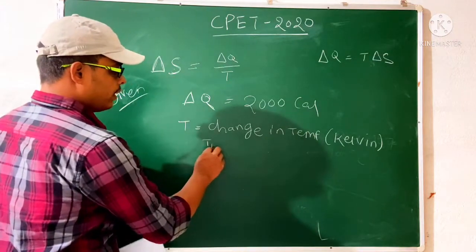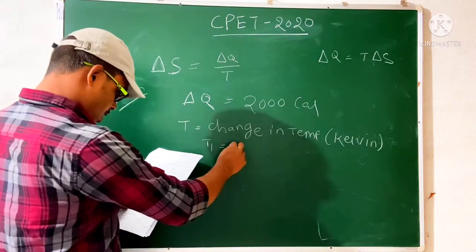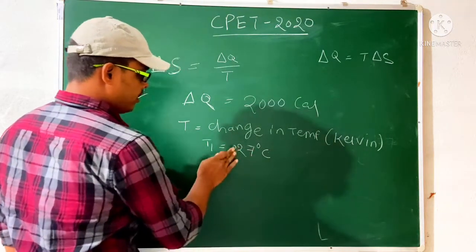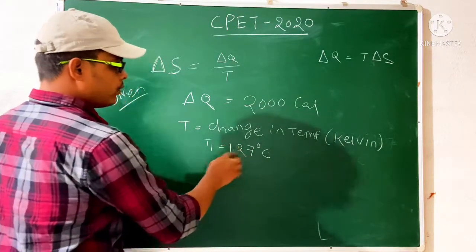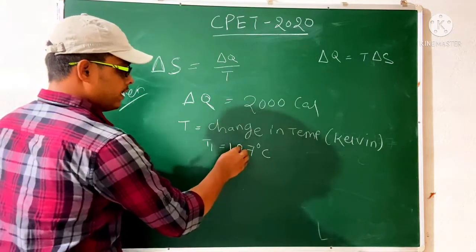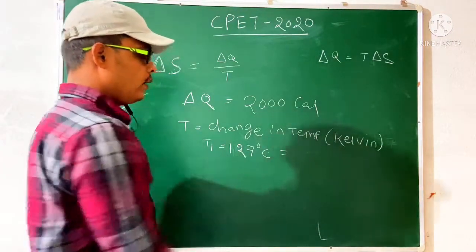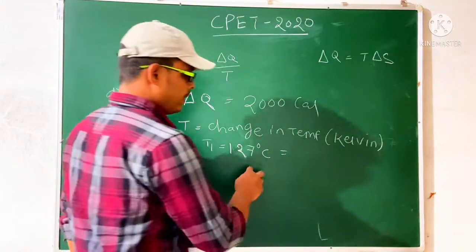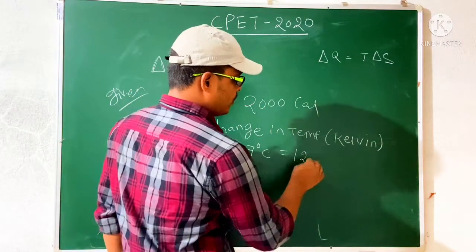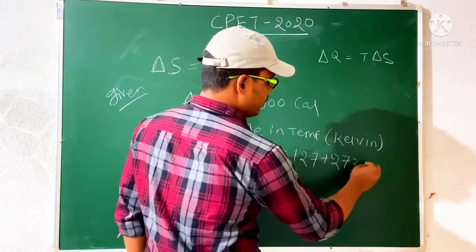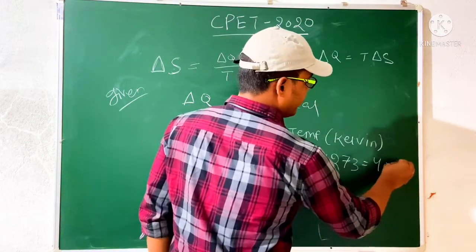So T1 is given as 127 degrees Celsius. Converting to Kelvin, we have to add 273. So that will give you 400 Kelvin.